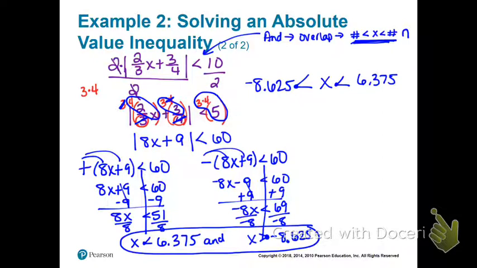Then you just got to make sure and check, do you need an equal to? We'll look at your inequalities at the bottom. Do they have an equal to? They do not. So here is our compound inequality, which then they could write this in set builder notation.